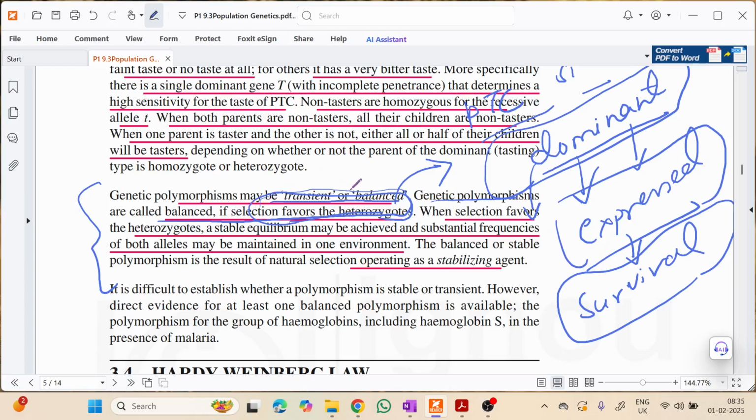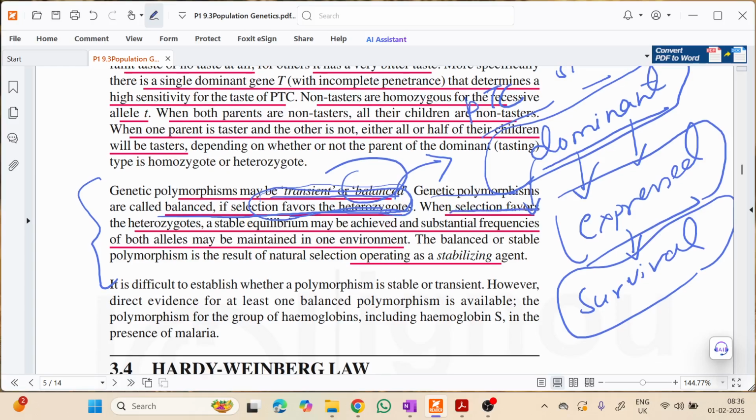So that's why balanced genetic polymorphism is the favoritism of heterozygosity. When selection favors the heterozygotes, a stable equilibrium may be achieved and a substantial frequency of both alleles may be maintained in one environment.